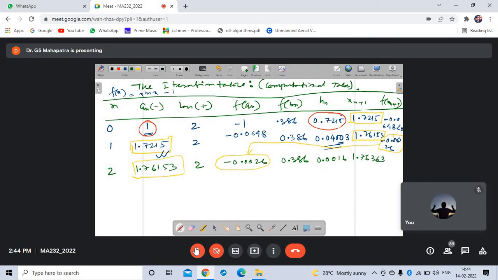This one 3. 1 3 1 176, then 1 3. Okay, 1 3, correct. 1 3, fine. 1 3, fine.